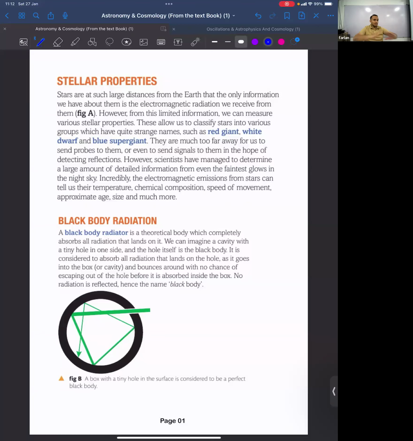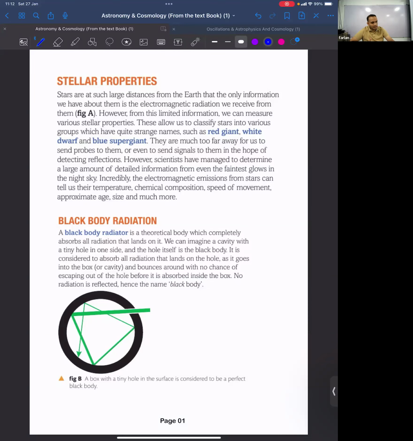Immediately after the Big Bang, the sun was not there. It took about 9 to 10 billion years for it to form. After the formation of this solar system, it has been about 4.5 billion years.